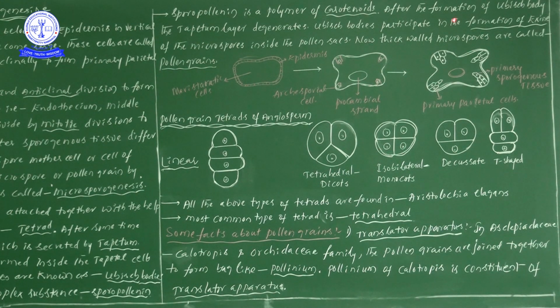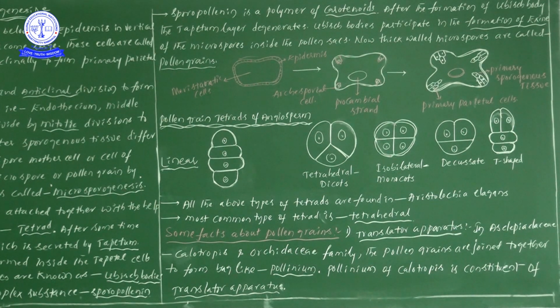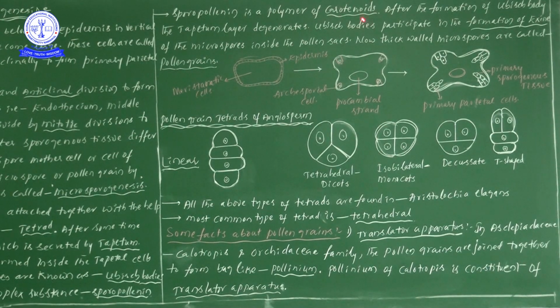Now after the formation of Ubisch bodies in tapetum cells, what is happening? The tapetal layer degenerates. First of all, in tapetum cells, formation of pro-Ubisch bodies takes place. These Ubisch bodies are completely covered by sporopollenin, which is made up of the polymer of carotenoids.